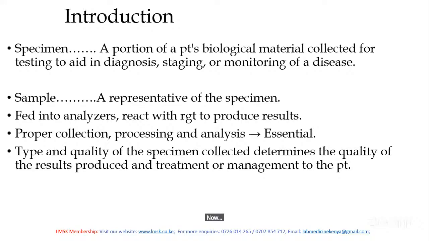Now, proper collection and processing of this specimen is very essential if our target is quality results for quality treatment and management. The type and quality of specimen collected determines the quality of results, as we've said.